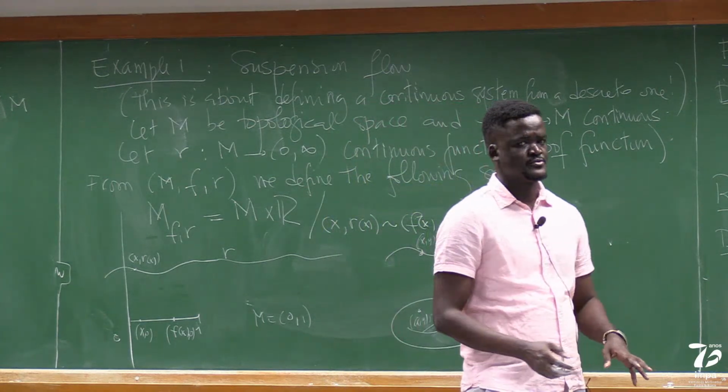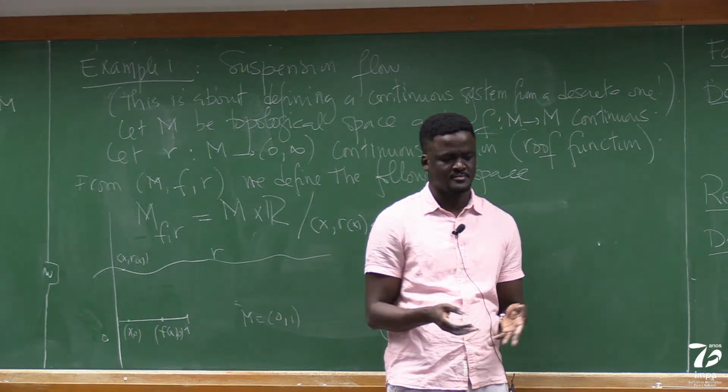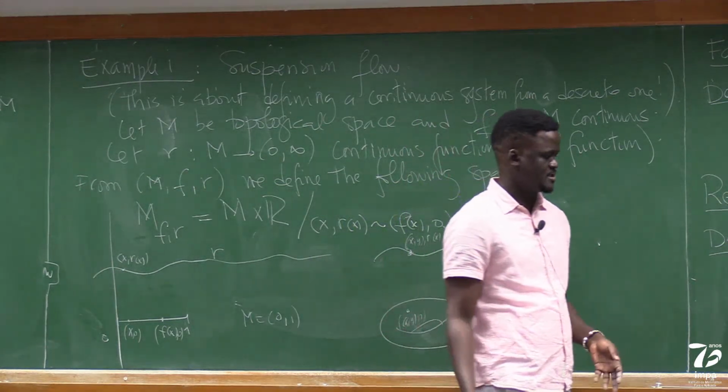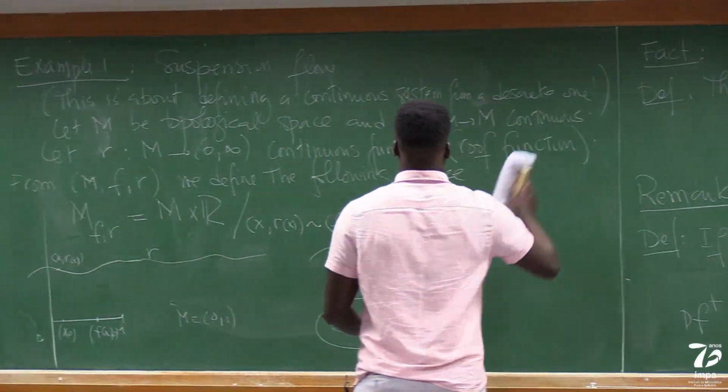So now it's time to start chapter 2, which is about existence. What conditions are needed to have invariant measures in general?